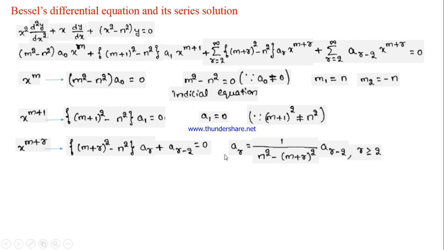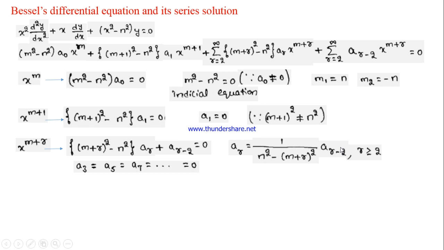And you can note, since a1 is 0 here, a3 has to be 0 because a3 uses a1, and a5 has to be 0 because a5 uses a3, a7 has to be 0 because it uses a5. Likewise a9, a11, a13, all these constants are zeros.